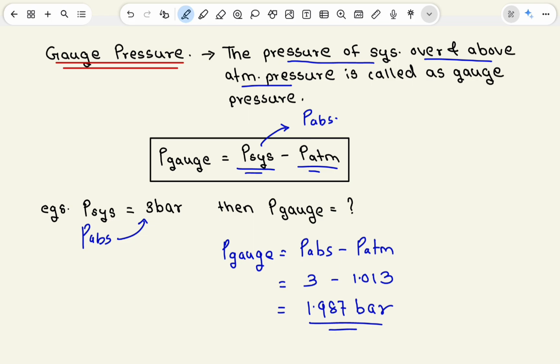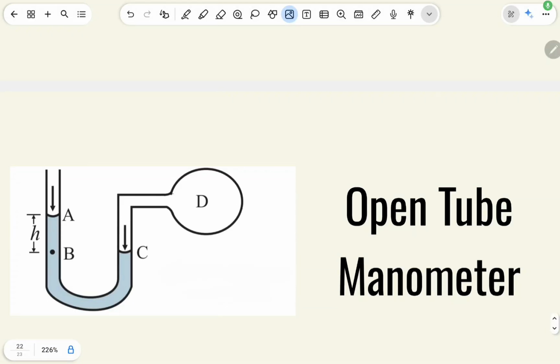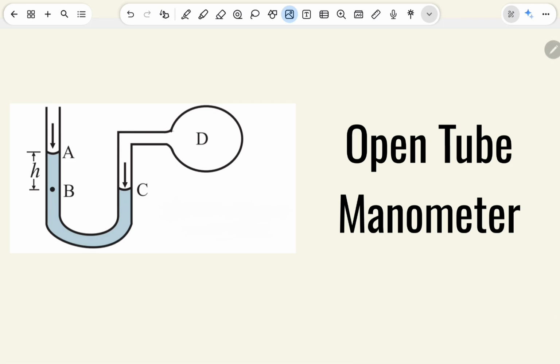Now let us understand the open tube manometer, which is an instrument used to measure the gauge pressure of the system. So let's move on to the last topic of this lecture, the open tube manometer, which is a device used to measure the gauge pressure of the system.